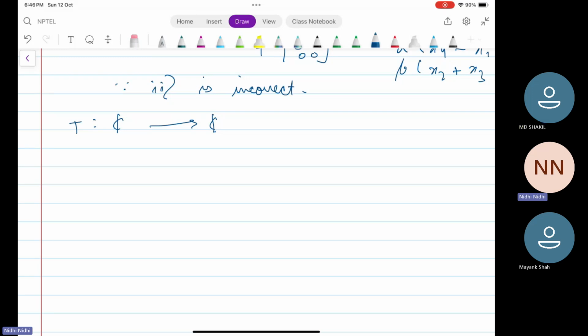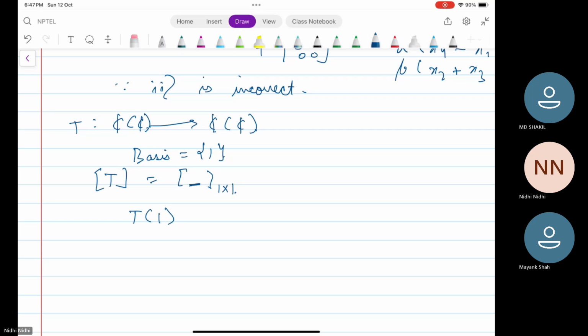When we have the vector space C and we are talking about complex linearity, it is C over C. In that case, the basis will be just one, and this matrix will be just a one cross one matrix. So the determinant would be this component itself, and this will be T of one.